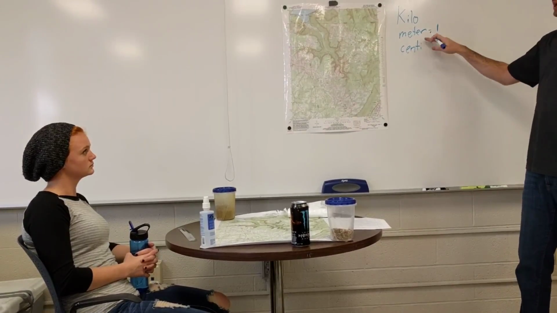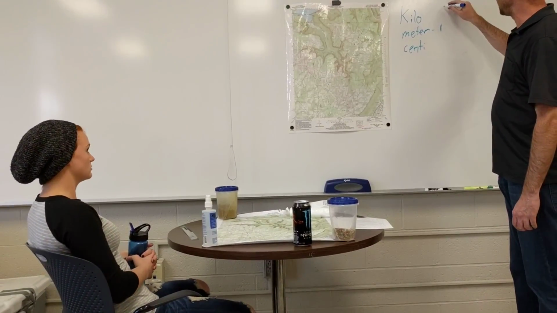Now, if we look at this from how most scientists look at it, we're going to say that a meter is the single unit value. So this unit value is going to be 1, and then we're going to look at what each of these units are in comparison to a meter. So how many meters are there in 1 kilometer? 1,000. 1,000, that's right. So 1 kilometer equals 1,000 meters.